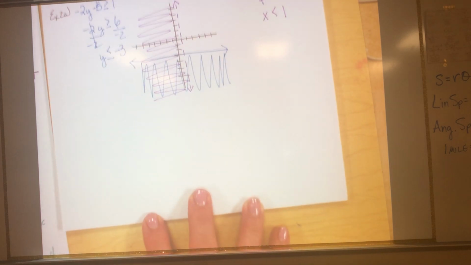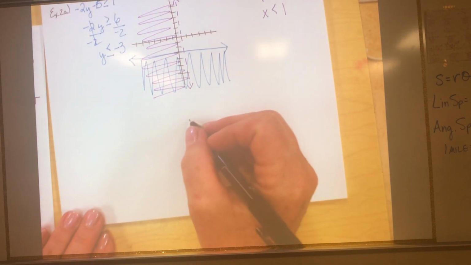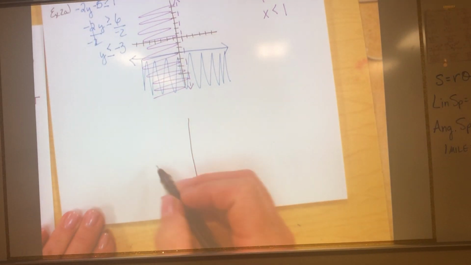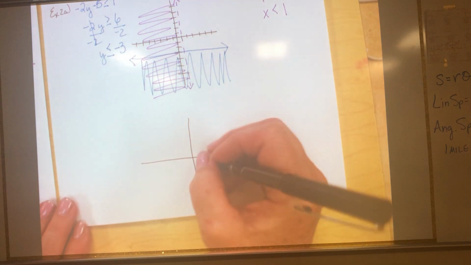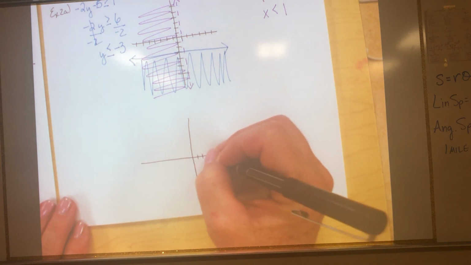Okay, so we're going to do 3. He's going to have 2 examples and we're going to graph them. So I'm going to draw me another graph. I'm going to make a 7 by 7.